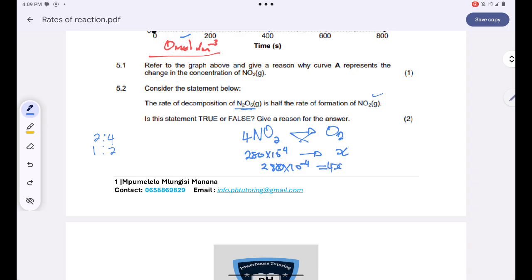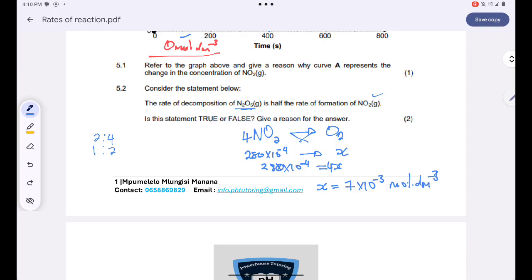If I divide both sides by 4, 280 divided by 4 will basically give me x multiplied by 10 to the power negative 4. This will give me an answer of 7 times 10 to the power of negative 3 moles per cubic decimeter.